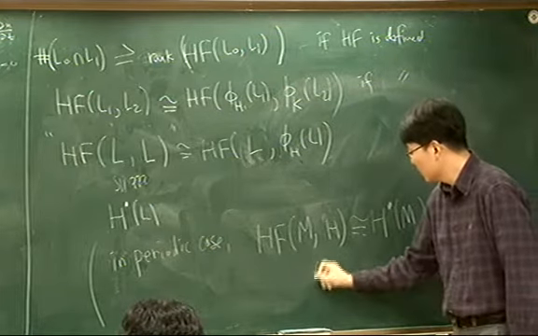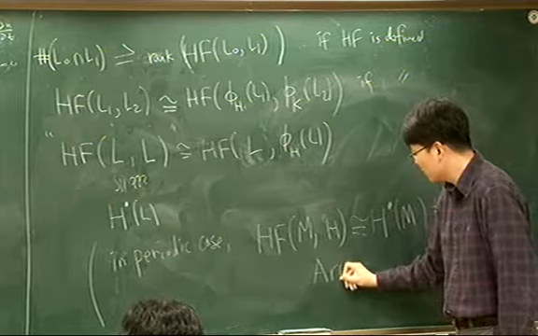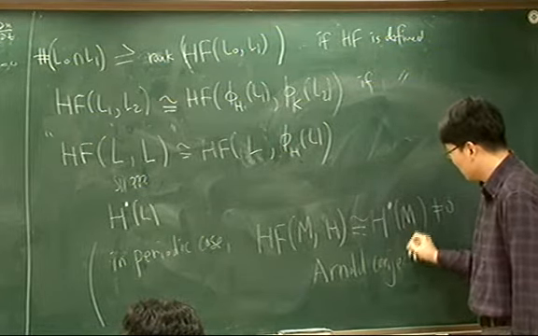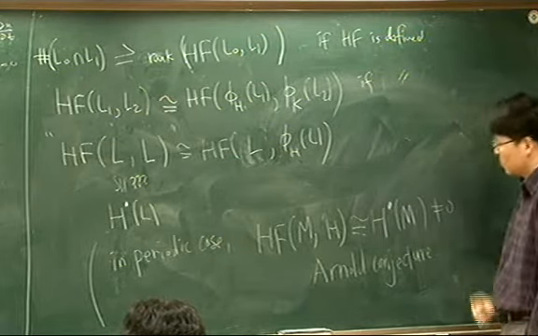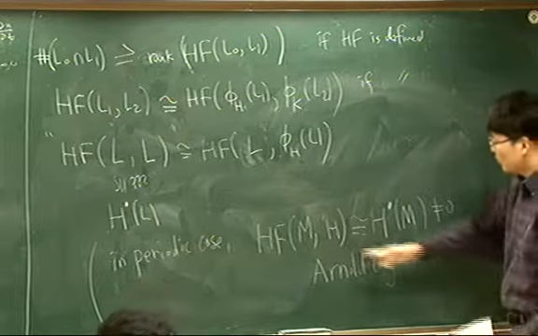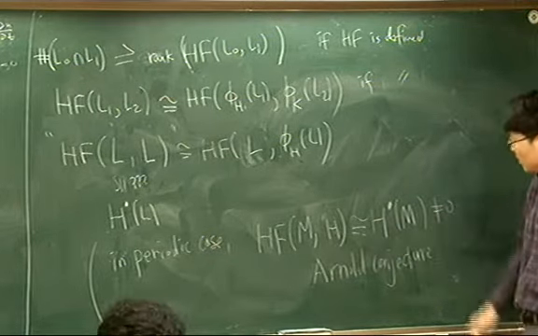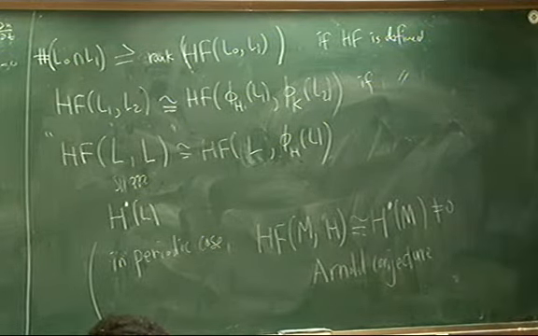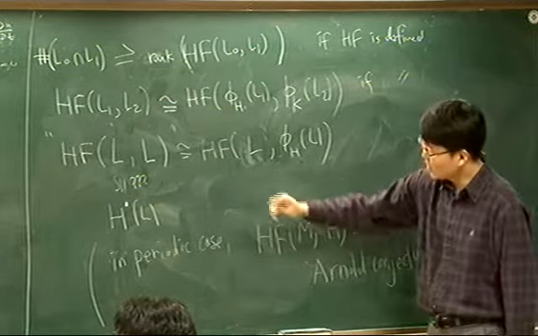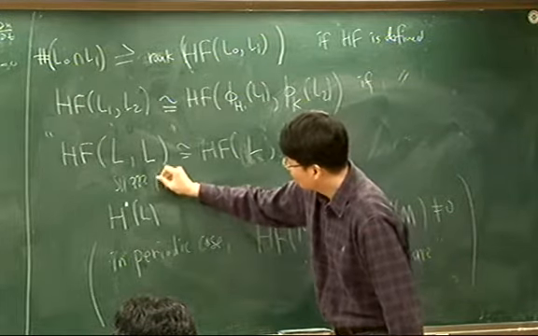So this implies Arnold's conjecture, which says that there is always a closed orbit, and the number of closed orbits is bigger than the sum of Betti numbers. But in the Lagrangian case, this actually is not true in general.